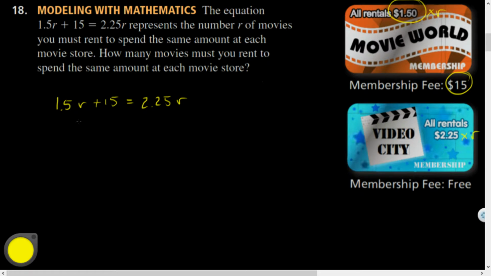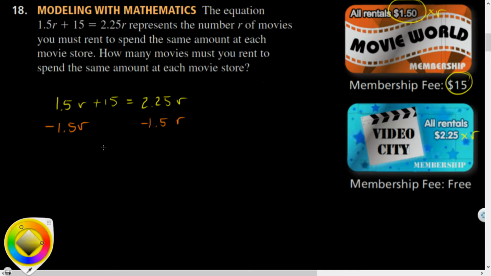So let's see. To solve this, let's bring the r's together. Which is smaller, 1.5r or 2.25r? So I'll subtract 1.5r from both sides. And I've got 15 equals, what's that, 0.75r? Is that right?